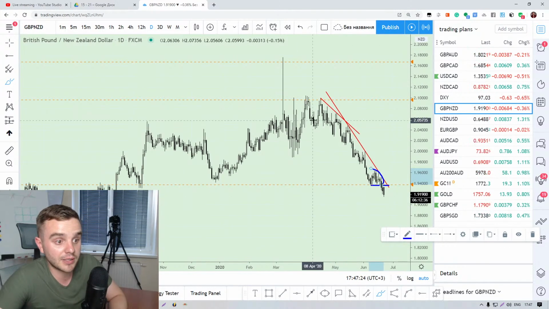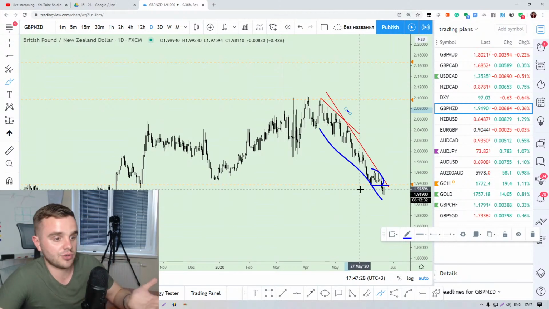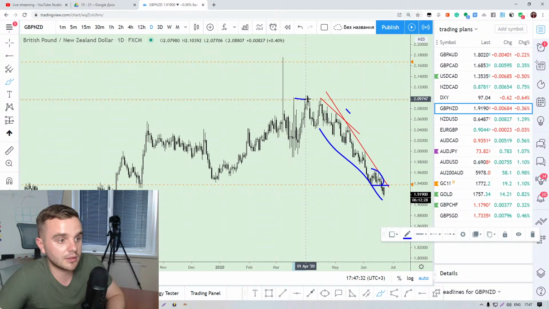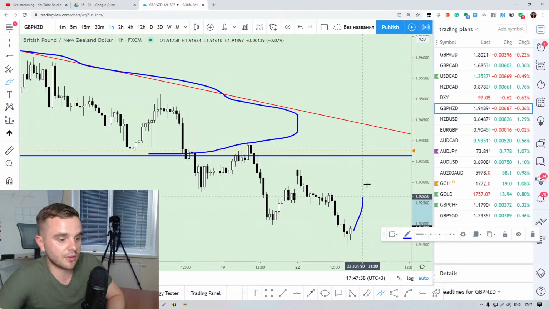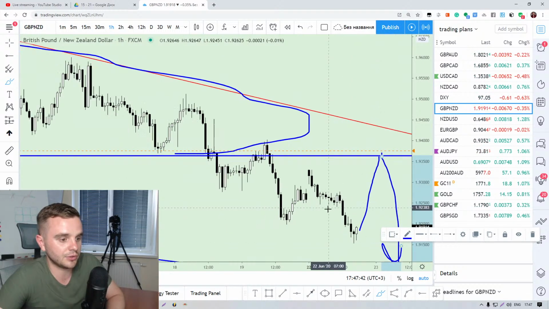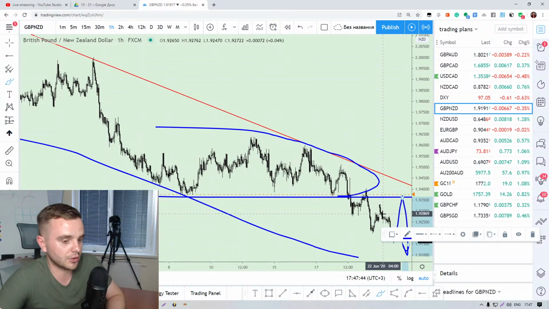I don't see any reason why this instrument should change its trend. That's why the best you can do, if there is a deep pullback to this key level, is just open sell to continue the down drop. That's all you can do.